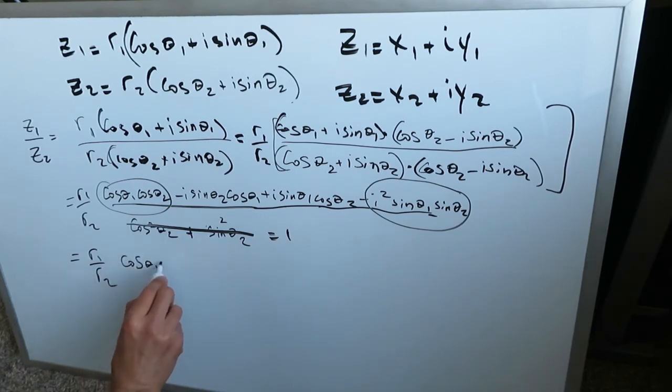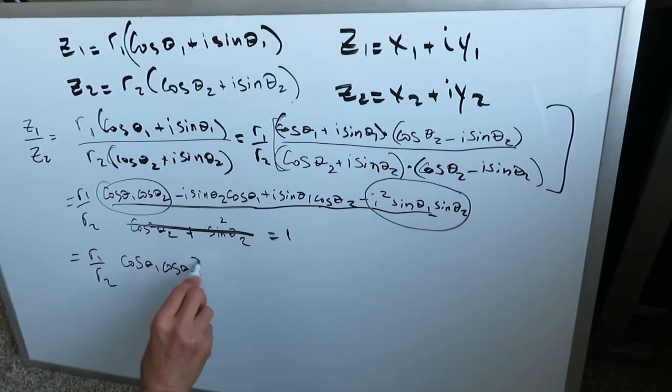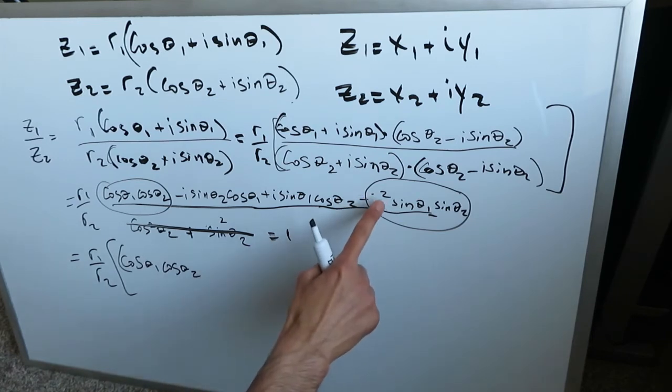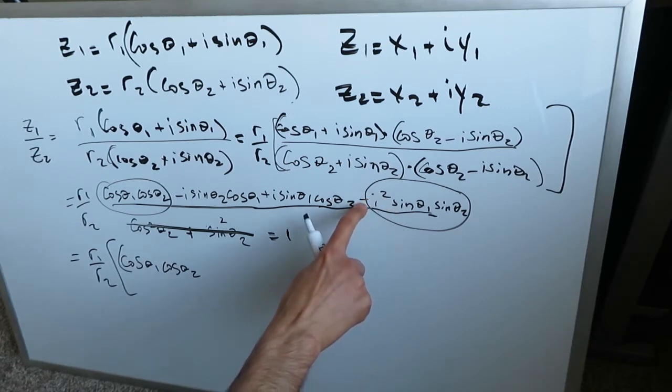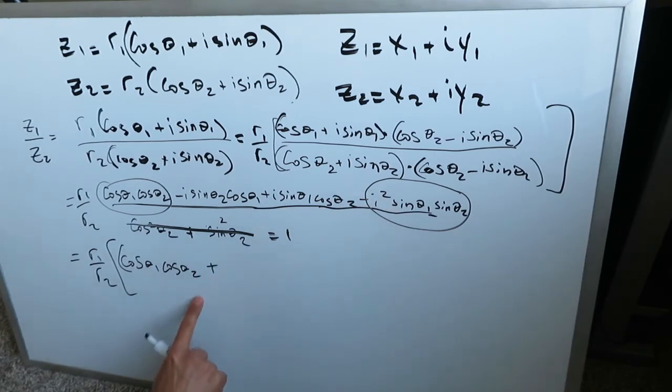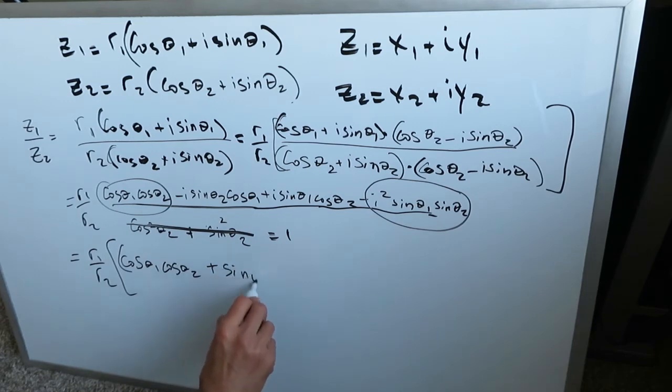Cosine theta 1, cosine theta 2, right? We can separate this and bring it with this. Minus I square is really same thing as saying minus 1, because I square is a minus 1. This minus 1 will multiply with this minus, will become a positive. See? Positive. Sine theta 1, sine theta 2.